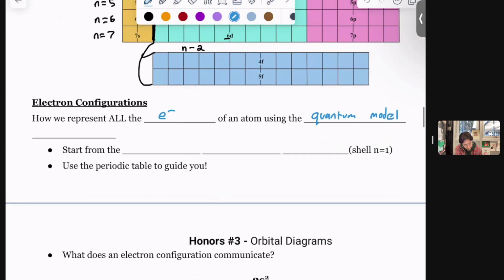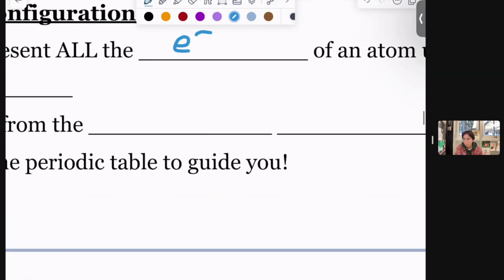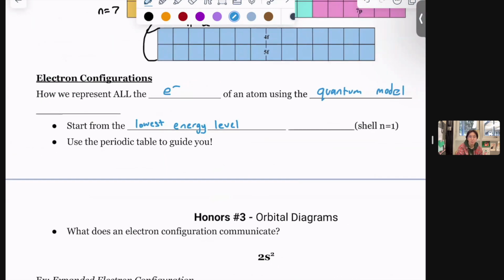That's fine. So just like with Bohr, what I'm going to have you do is start at your lowest energy level, AKA n equals 1. You're going to just start at the top, fill in your low energy ones, the 1s, then the 2s, then 2p.